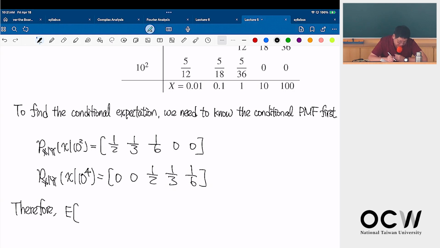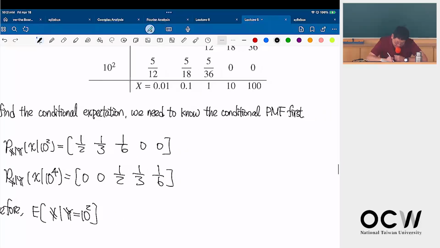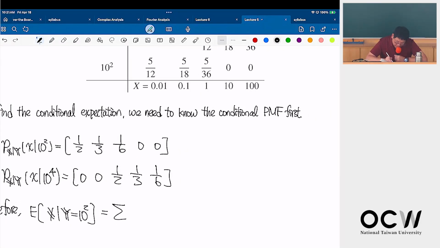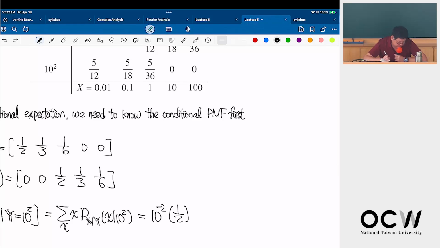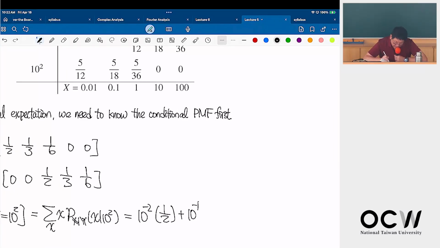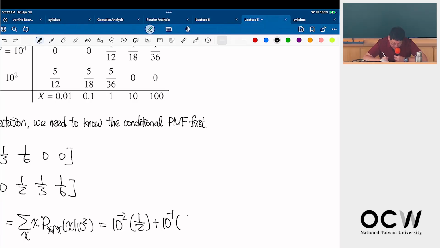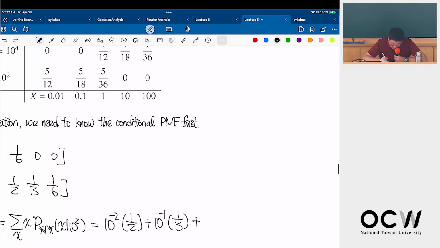So the conditional expectation of x given y equals 100 is to consider all possible outcomes times their corresponding weightings. You get 10 to the minus 2 times 1/2, and 10 to the minus 1 times 1/3, and 1 times 1/6. You get 123 divided by 600.